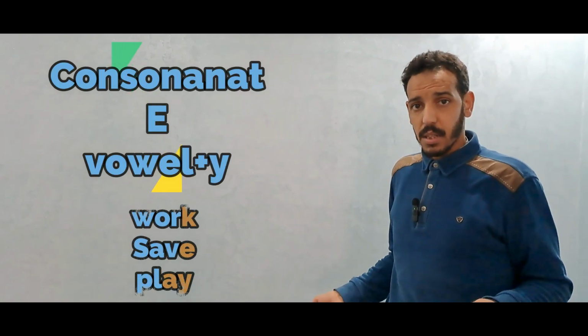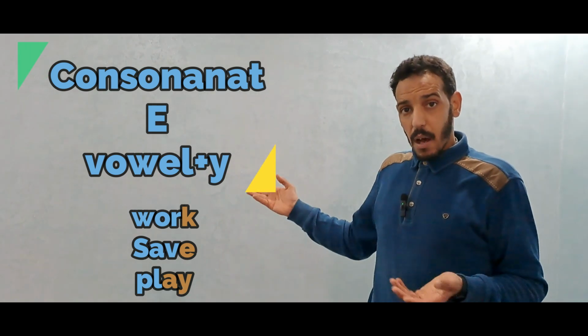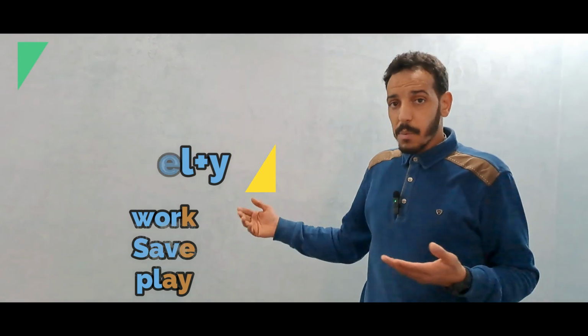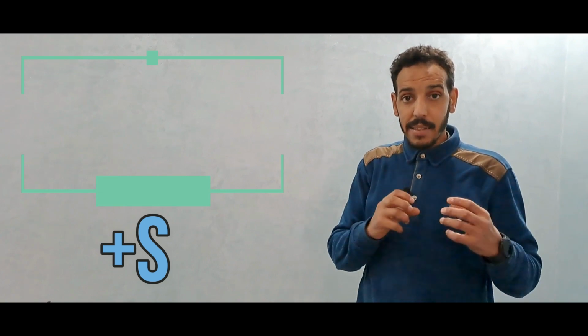K is a consonant. E, like save, there is an E. And vowel plus Y like play or stay. You see that? So we have consonant, E, vowel plus Y. We change the verb. It takes S. It takes what?